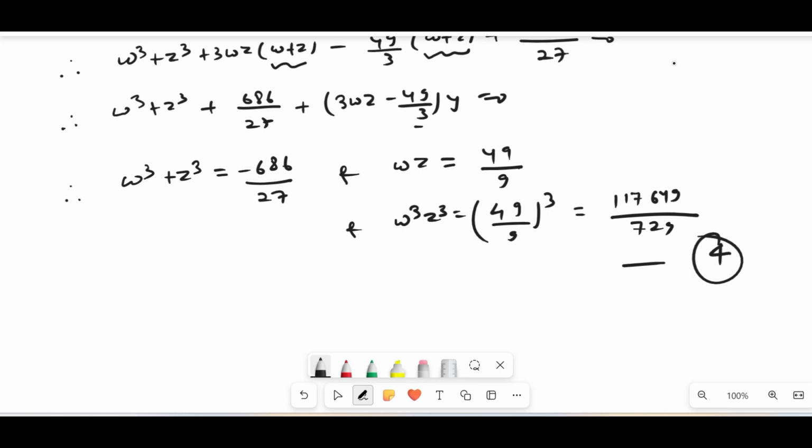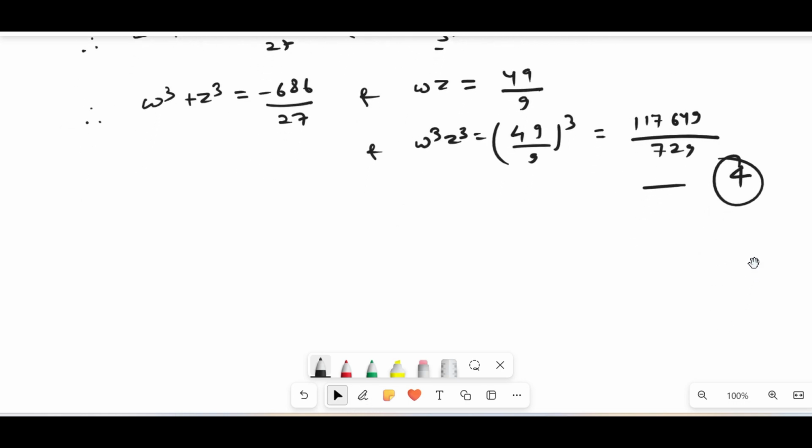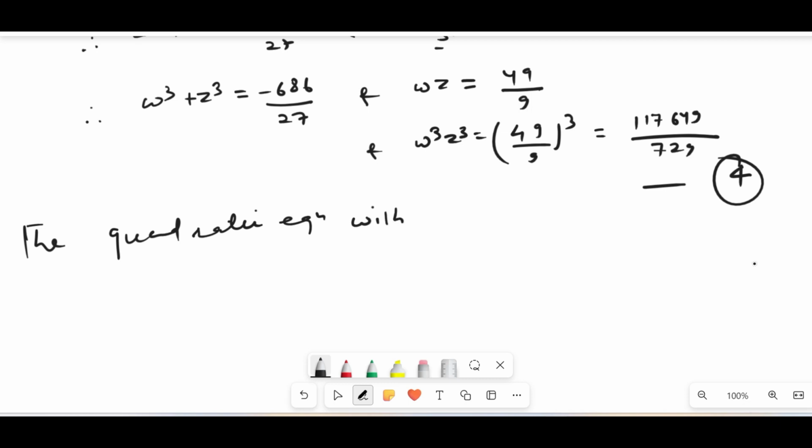So now we can construct a quadratic equation with roots w cube and z cube.